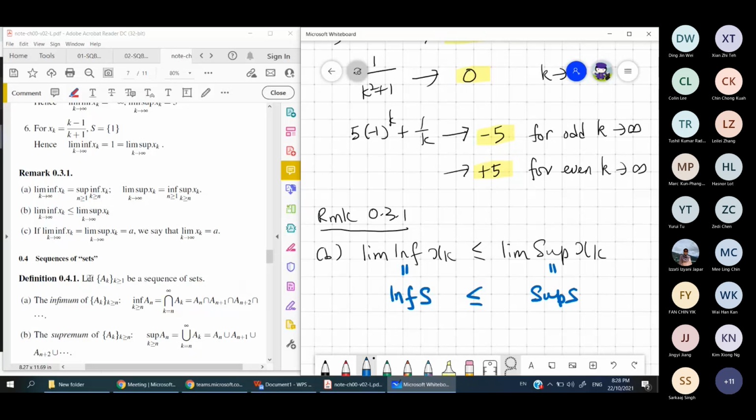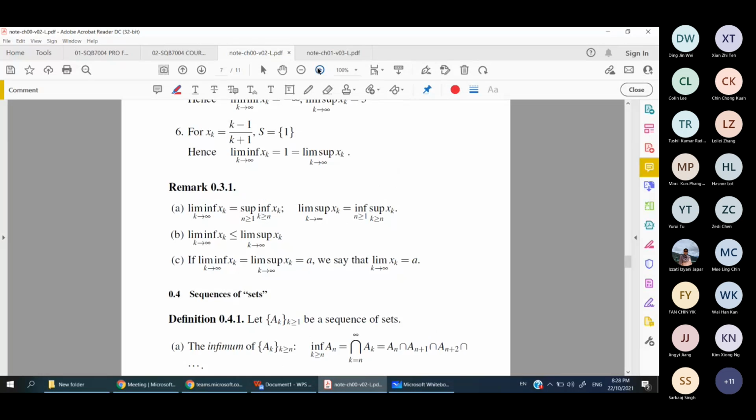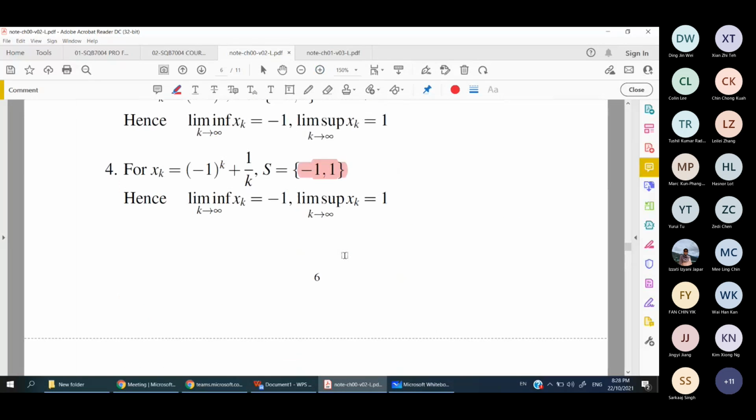Okay, next will be one of the methods to check whether a limit exists or not. When the limit infimum equals the limit supremum, say equal to a, the limit exists. So that's the way. If we go back to these examples, I think we can make it bigger. Then we can check this.